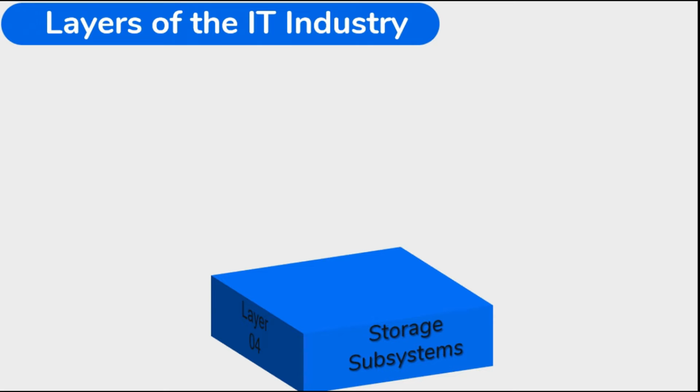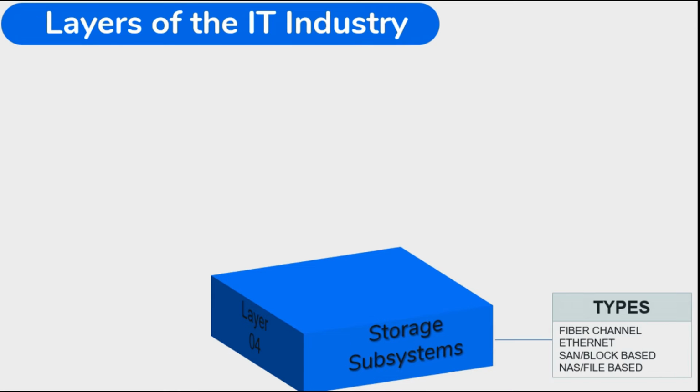And under the storage subsystems, we have many types of storage subsystems. Primarily, they are either SAN based or NAS based. When we say it is SAN based, they are primarily block based storage devices. NAS based are called file based storage devices.